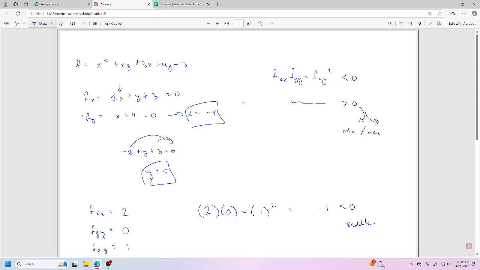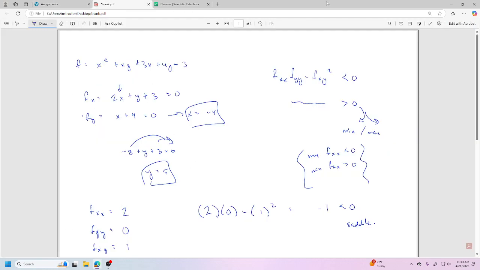If it's a min or a max, then you're looking at f_xx, and if it's less than 0, it's a maximum, I believe, because it's always backwards. And if f_xx is greater than 0, then it's a minimum. But that's just if you're in that zone. I think I'm just relying on y'all. So y'all say it's a saddle. I'm fine with that.